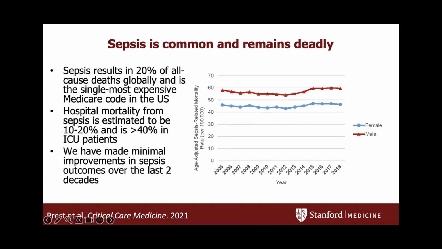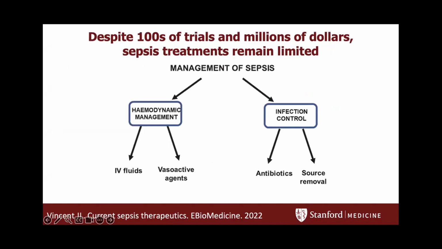despite how prevalent and how severe it is and how much money we put into trying to find solutions to it. And for this reason, we've done numerous clinical trials to try to improve outcomes.